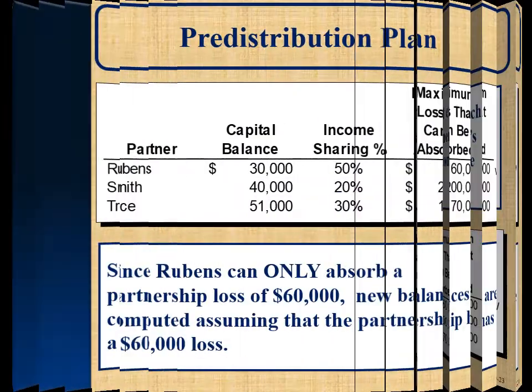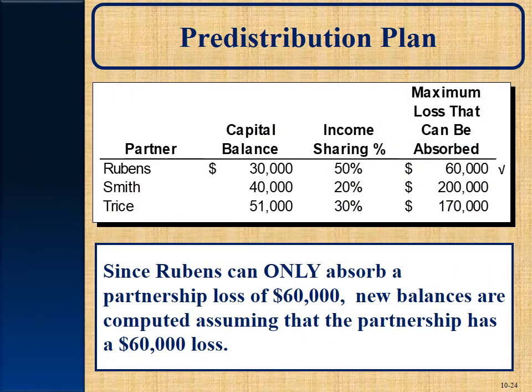All right. So since Rubens can only absorb a partnership loss of $60,000, new balances are computed assuming that the partnership has a $60,000 loss. So we're just assuming this.